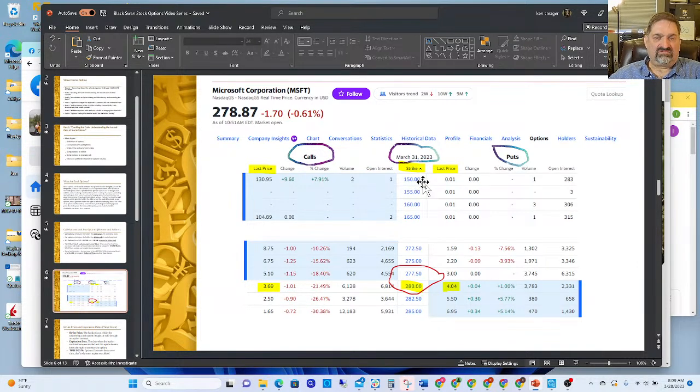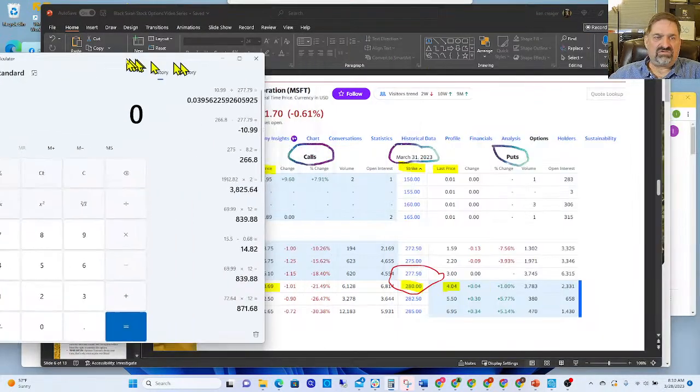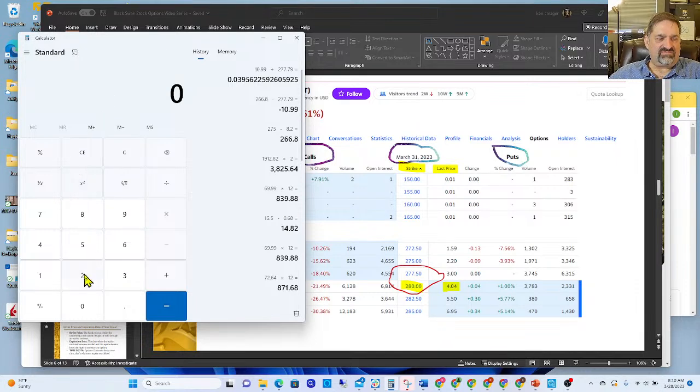Now, for example, we'll use this one. I bought this call. It's going to expire on March 31st, which is the end of this week. The current price is $278. Let's do that, we're just going to use round numbers.